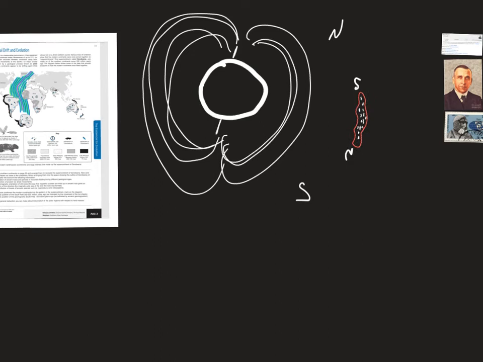And indeed, we know today that the Earth's magnetic field is flipping. The north is going south and south is going north. And we know at some point in the near future, the North Pole will become the South Pole, and the South Pole the North Pole.